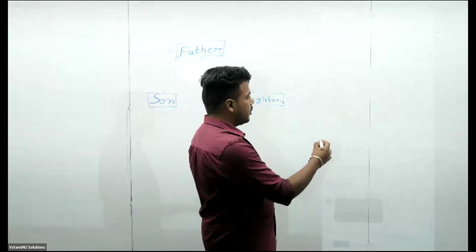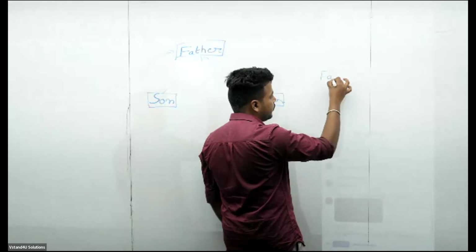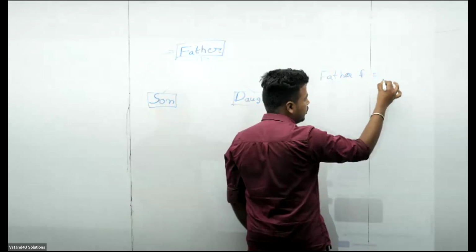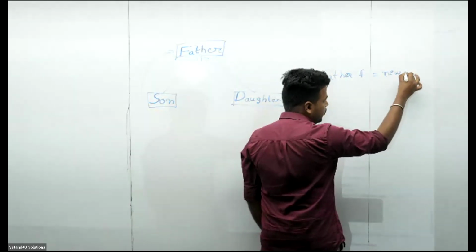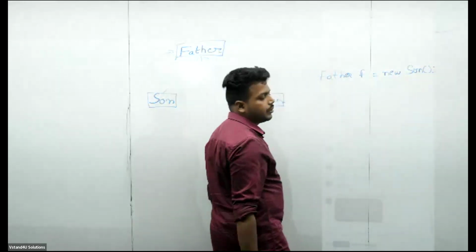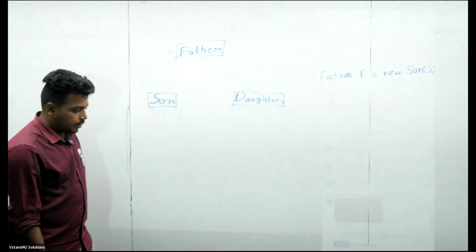Now tell me that code. Son, father f is equals to new son. Listen carefully.